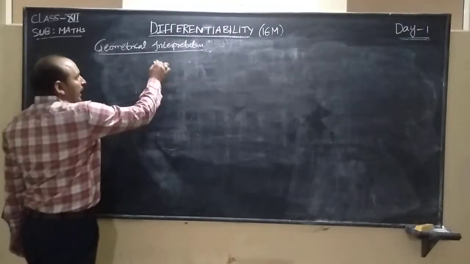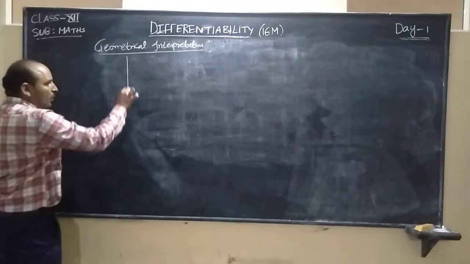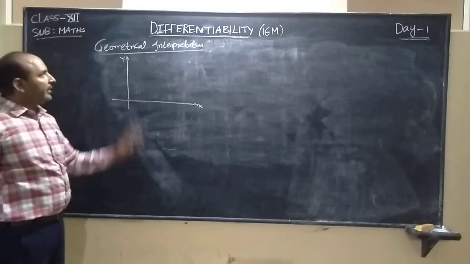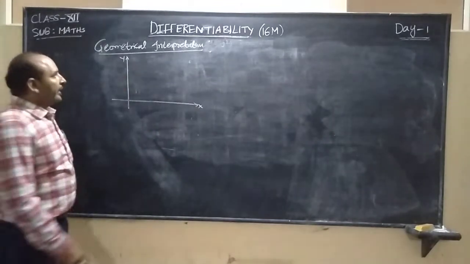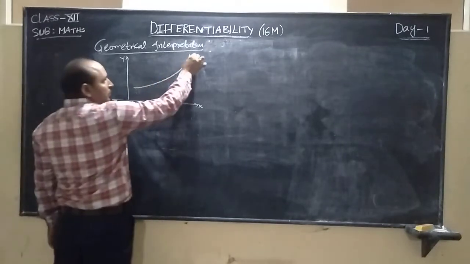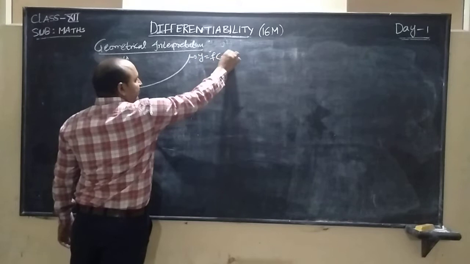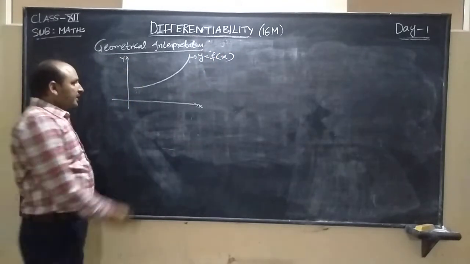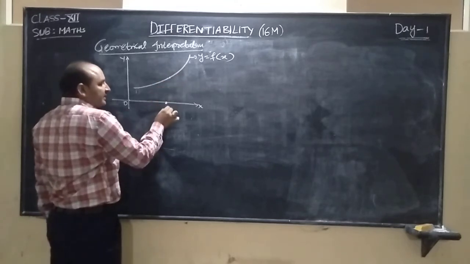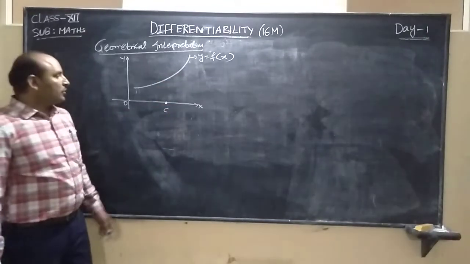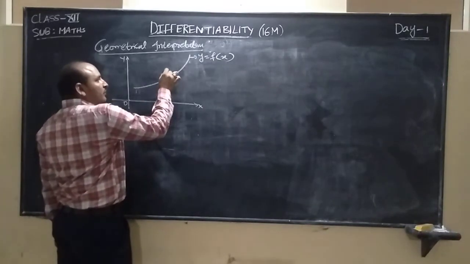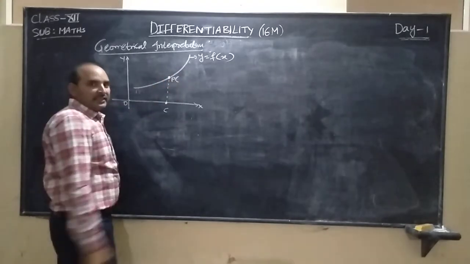So now I am taking x coordinate and y coordinate. For suppose this is the curve y is equal to f of x, a function. I am taking one point on the x axis, this is equal to c, at x is equal to c. This is the point, let us take this is the point P.